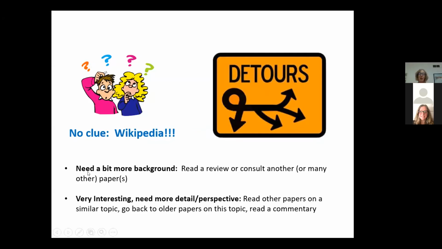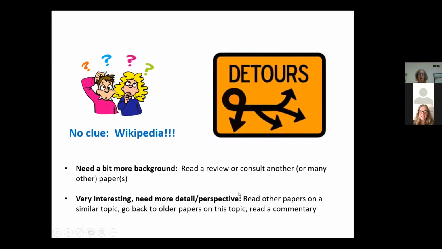And then if I need a bit more background, I'll read a review article, like we talked about, or I might consult another paper, or I might have to consult a whole lot of papers. This is why it all takes time and why I'm talking about detours. Then I might find this whole thing is really interesting, and I might want more detail, more perspective.